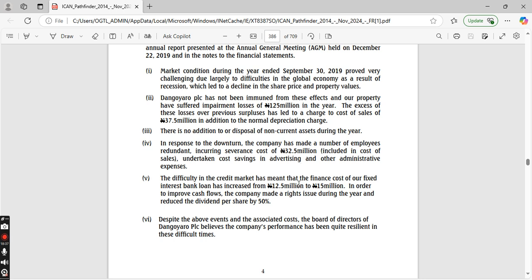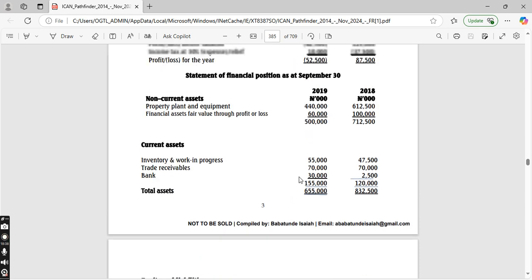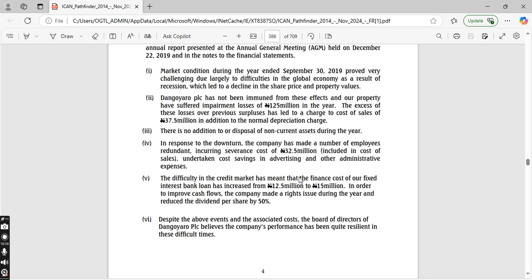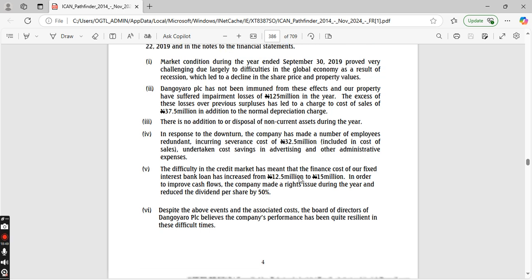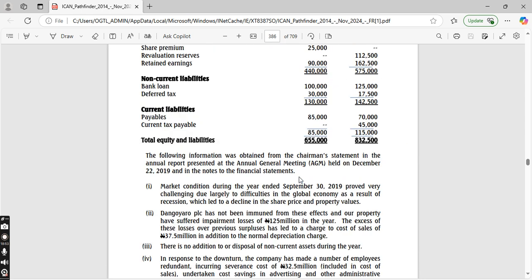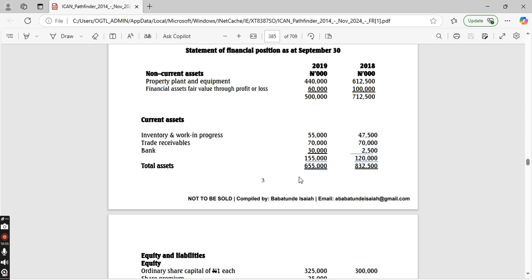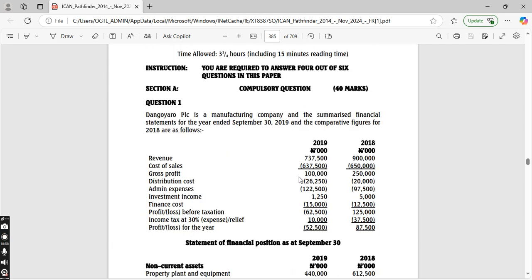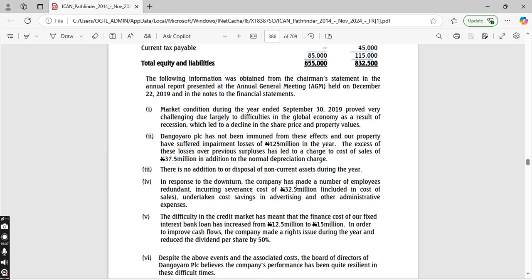Now, let's go for which other one we have. Investment income. Do we have additional information on investment income? What is our investment income? 1,250. Now let's check our investment income, if the money was received or not.